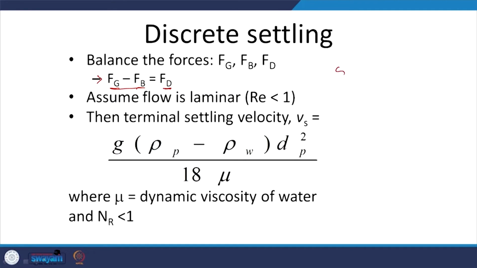Thus, Stokes' law will give us this equation. But under which conditions is this equation relevant? It is relevant when the flow is laminar, and in general, for determining whether a flow is laminar, turbulent, or in between, transitional, we look at the Reynolds number. If the Reynolds number is less than 1, the flow is deemed to be laminar.